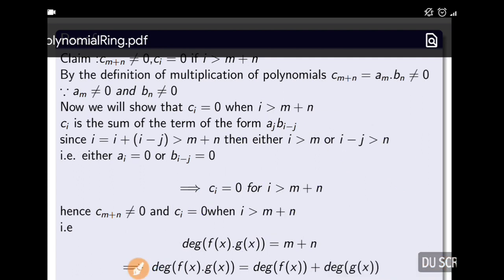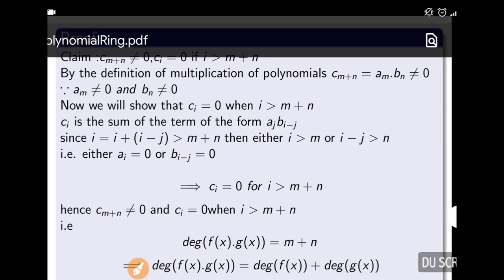One can easily find the product here, and you get c_{m+n} as a_m b_n, which is non-zero. Now what is the value of c_{m+n+1}, or just c_i, when the subscript of this c_i is greater than m plus n?